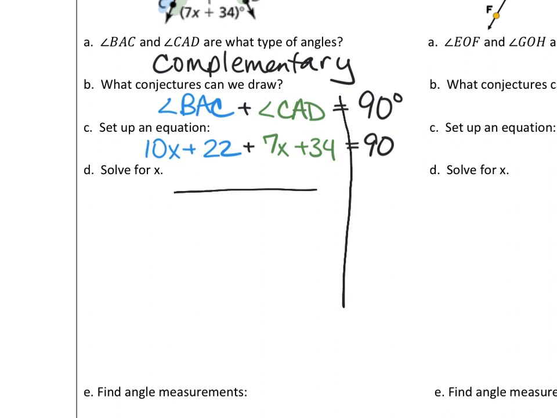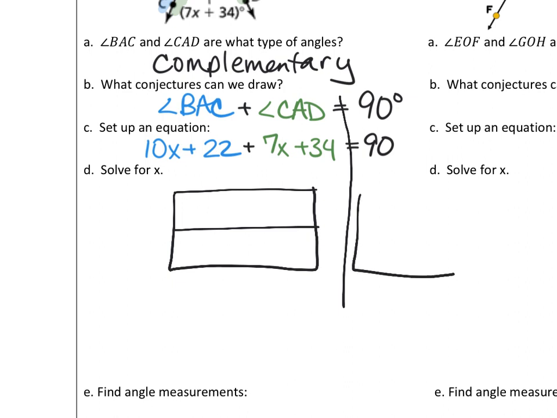To solve for x, you draw your boxes, one on each side. Then we ask ourselves the following questions. How many terms up there in the last equation I wrote have x attached to them? 2. So I make 2 top boxes on this side.